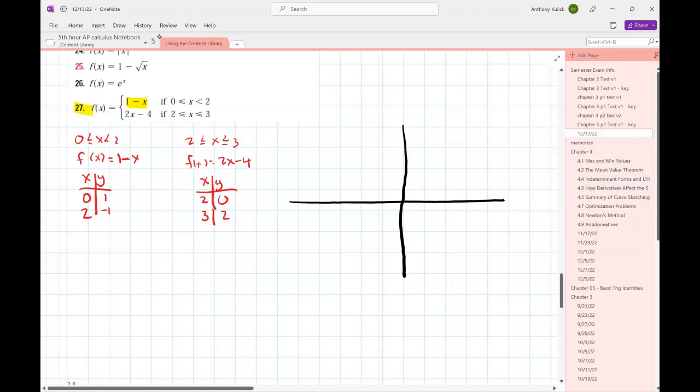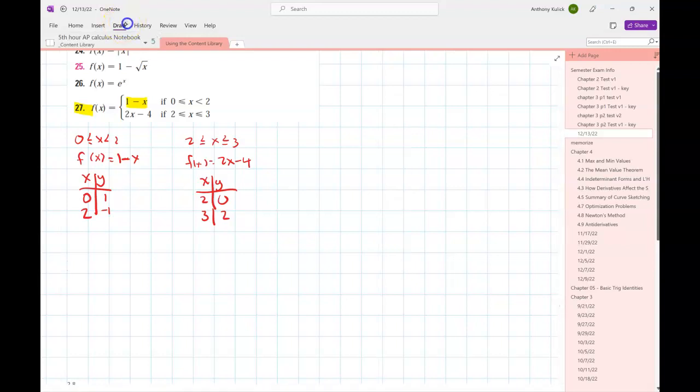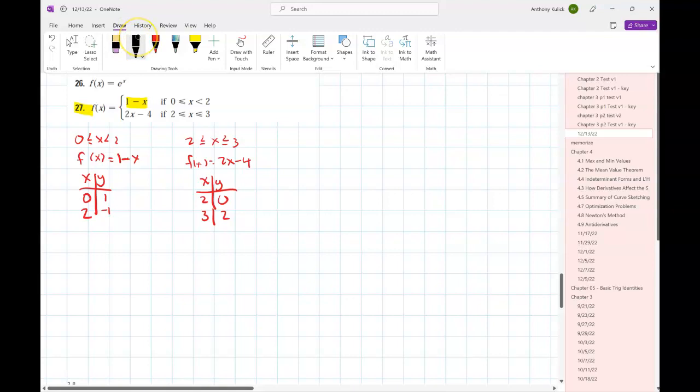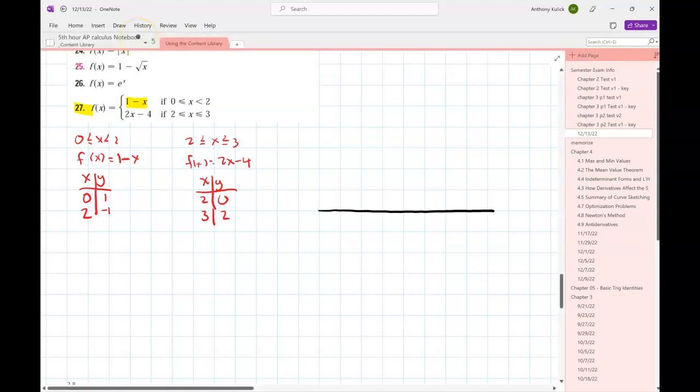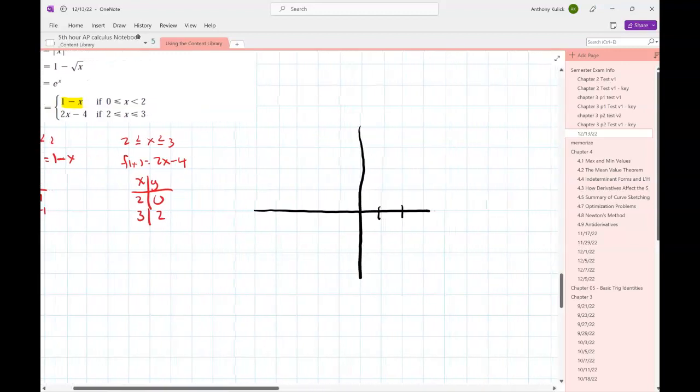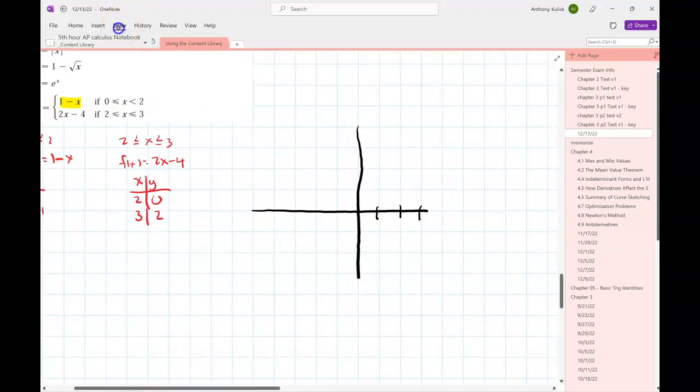Let's do a little better job than that. Okay, so we go from 0 to 2, so 1, 2, and then from 2 to 3, so 2, 3.